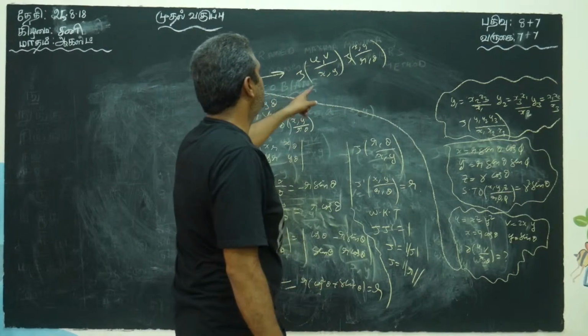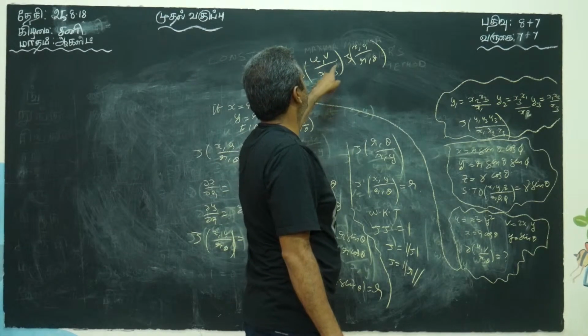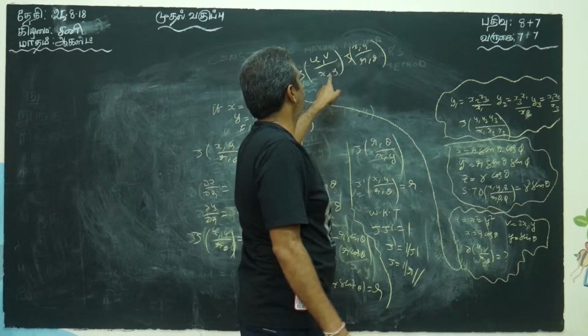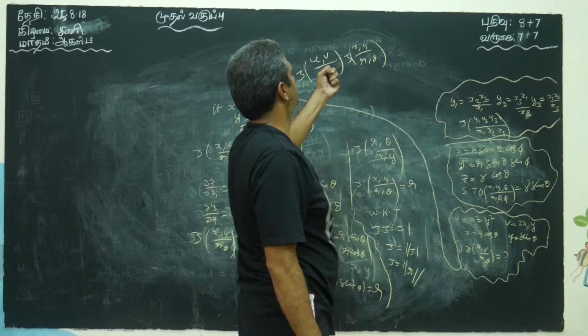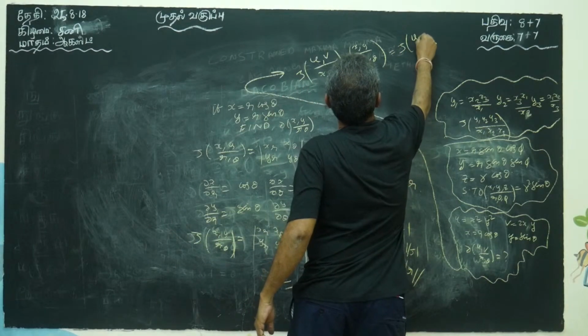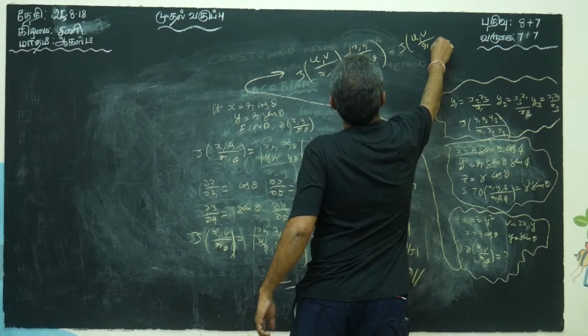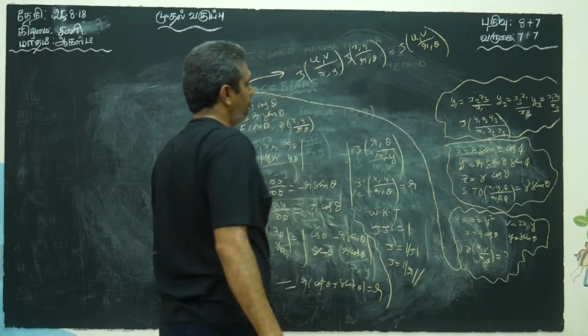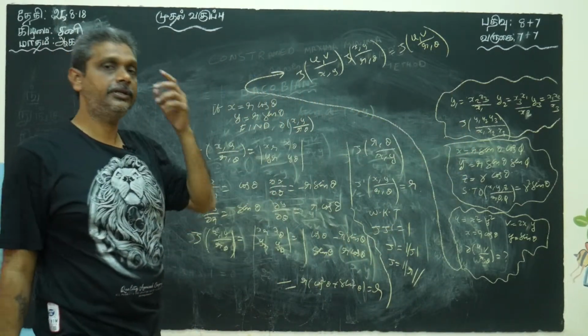The formula is already studied: u, v with respect to x, y times x, y with respect to r, theta. These two cancel, but don't cancel this, think psychologically. So this equals the Jacobian of u, v by r and theta. Okay or not? Happily you will get it. Find the two Jacobians and attack.